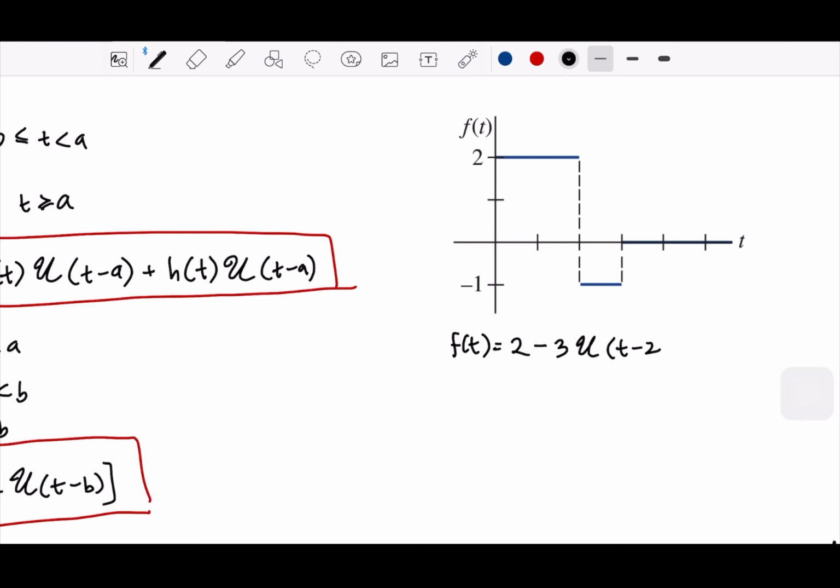Let me draw. This is 2, this is 3. I think that is just the important one. And then plus the unit step function, let me write clearly, t minus 3.